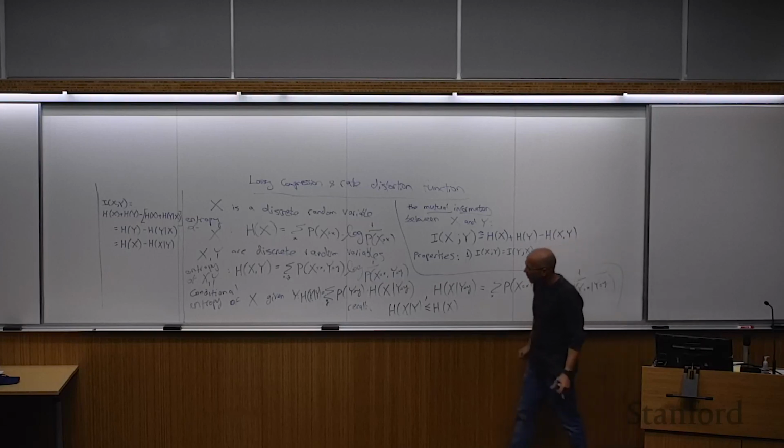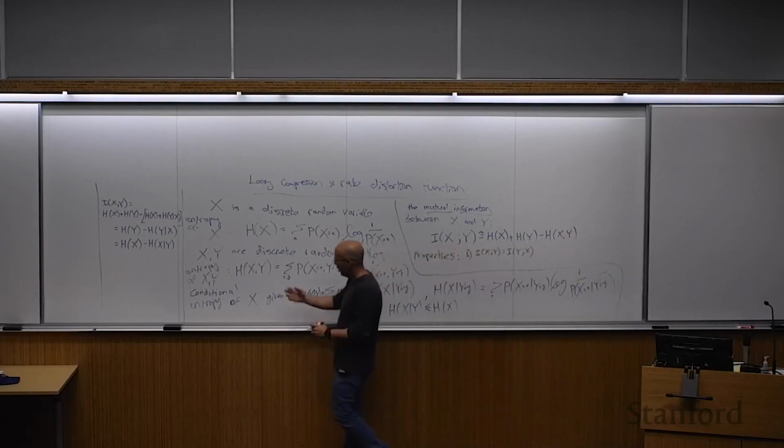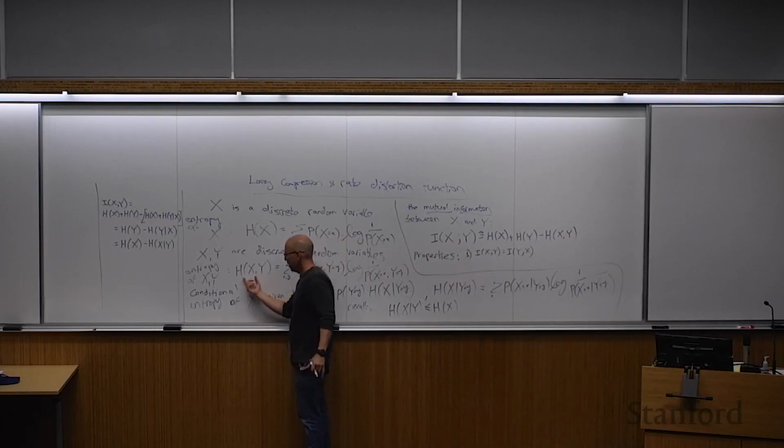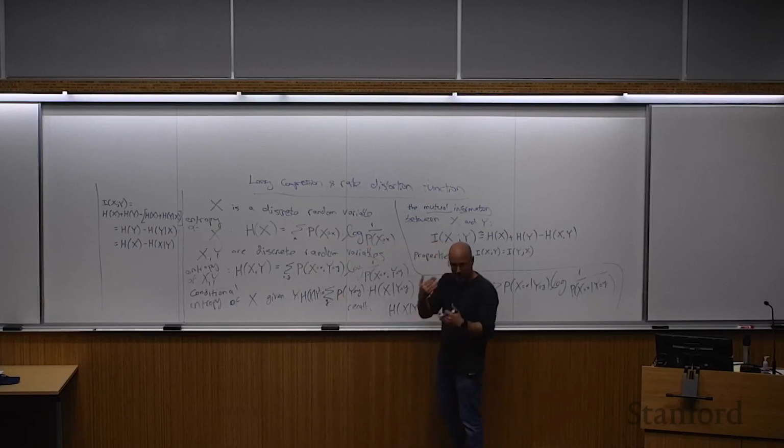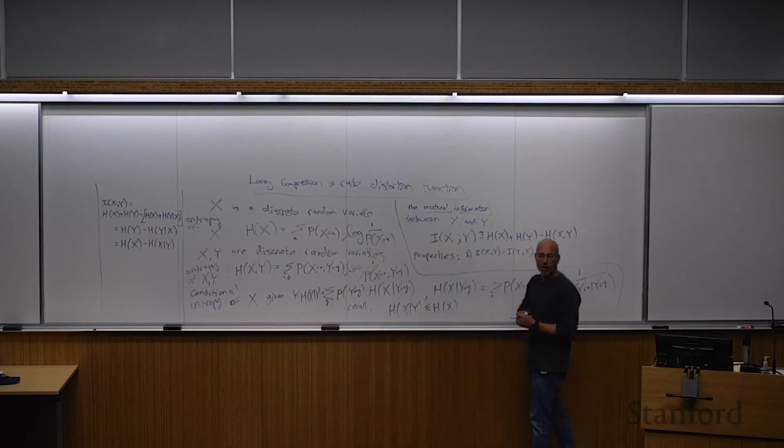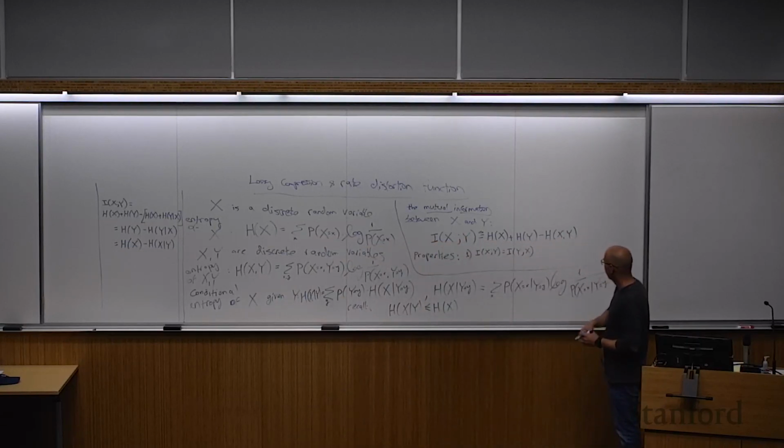And it's also, I hope, self-evident that entropy is invariant to relabeling, or the order of the elements of the alphabet. So the entropy of (x, y) is equal to the entropy of (y, x). It's just a potentially different ordering of the values that these pairs could take.